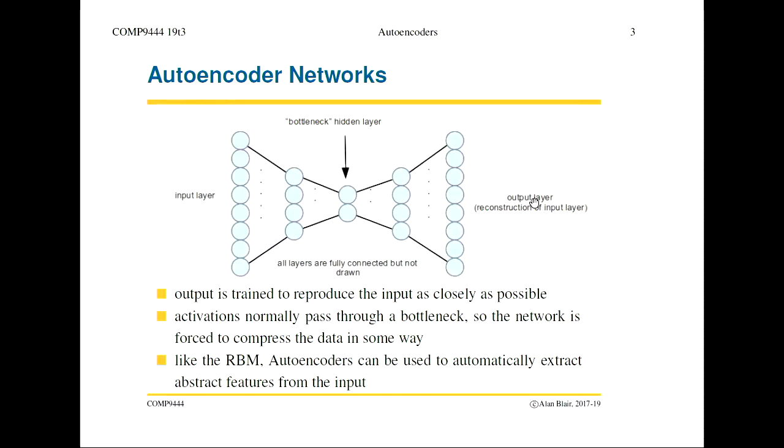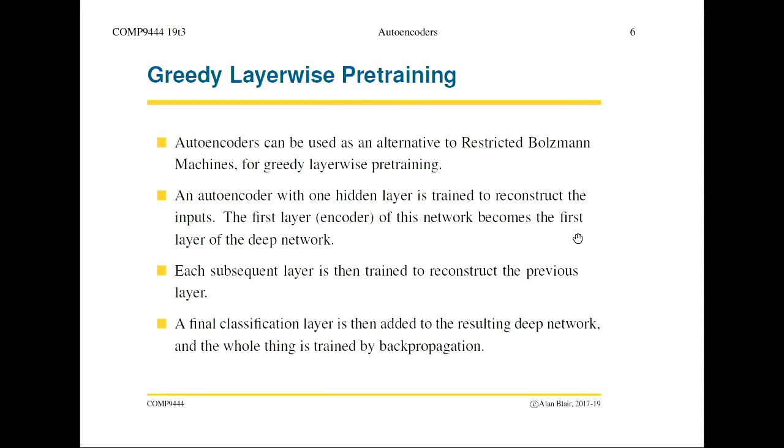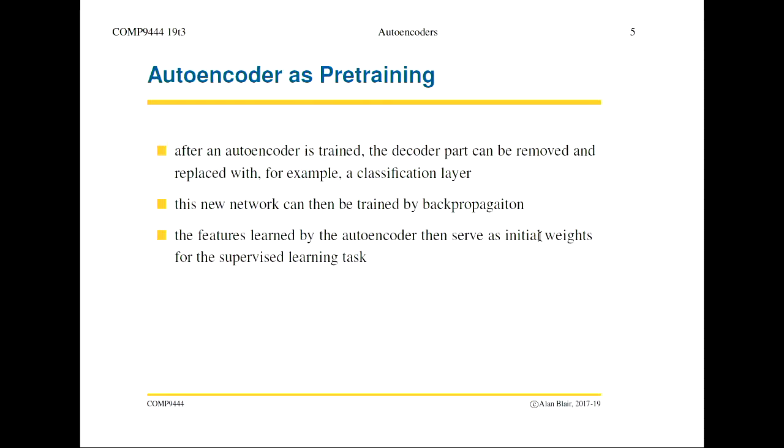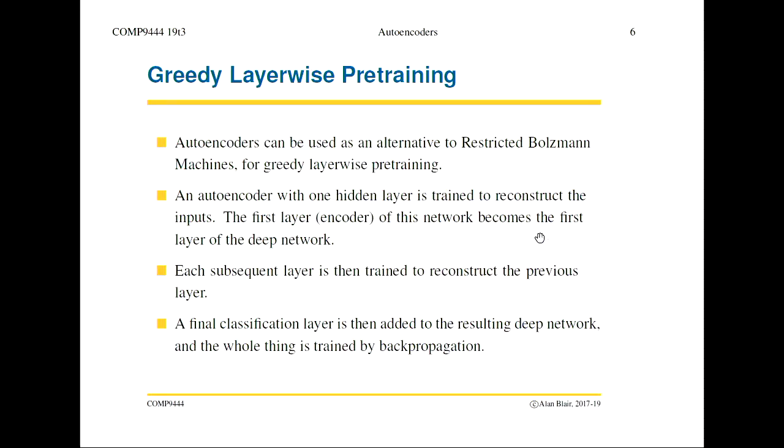I could chop this off and add another layer that does softmax classification. And again, the idea is that if I do this unsupervised pre-training first, and then train it on the supervised task, it should give a better result than just training from random weights in the beginning, because it should have already learned useful features. That's one purpose. I'll talk about other purposes.